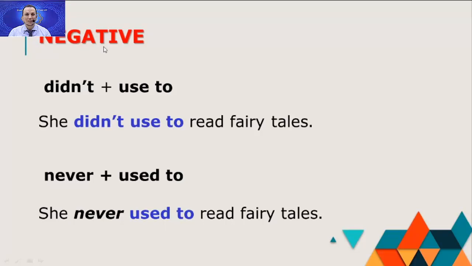So, in negative, didn't use to or never used to. But it is very important to note: when we use didn't, we write the base verb, use, so didn't use. But when we use never, we keep the past form of used to without any change. So never used to.